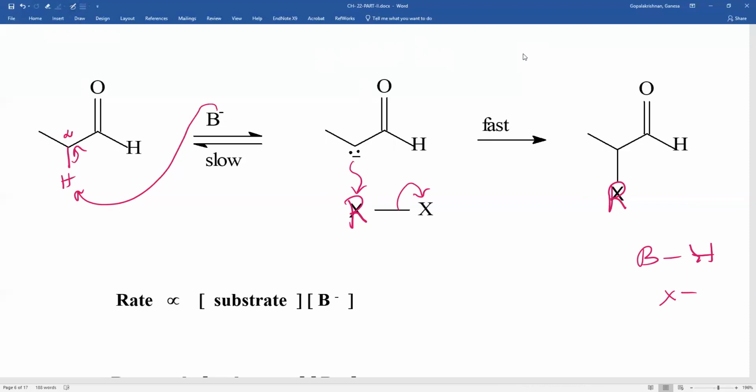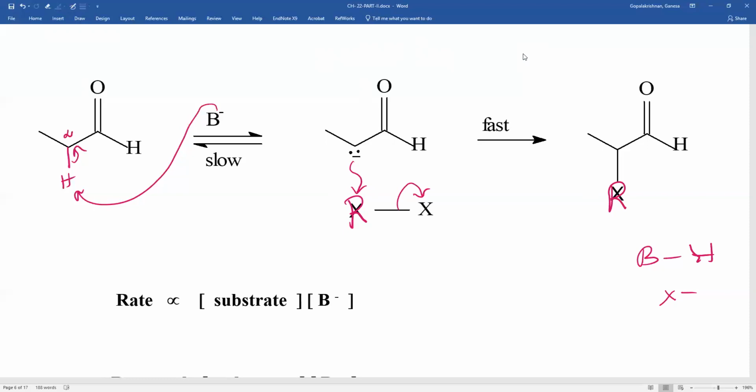Since the base becomes a conjugate acid, it is not a catalyst, it is promoting the reaction. And then again, if you look at this mechanism or the previous one, it is a two-step reaction. The first step is a slow step.